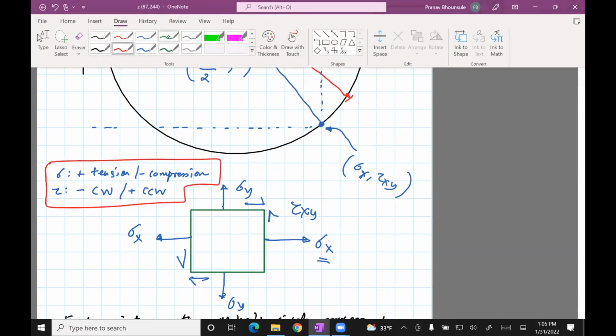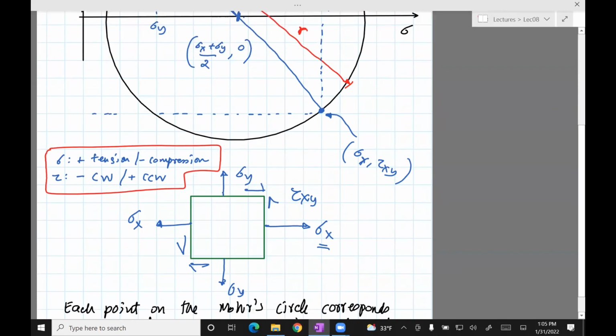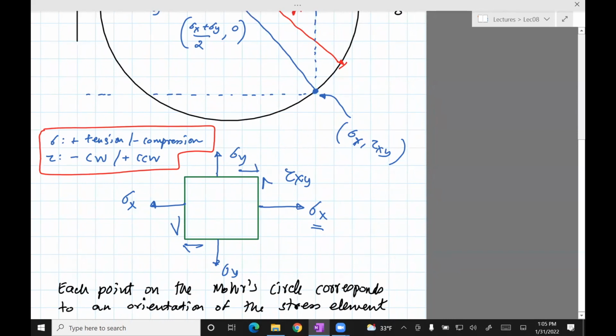So now let's look at the Mohr circle. This is the plane element, and in a problem in the exam or for your homework, you'll be given just this stress element, and you're told to find the principal stresses. For that, you need to draw the Mohr circle, right? So how do we draw the Mohr circle from that figure? This is how you proceed.